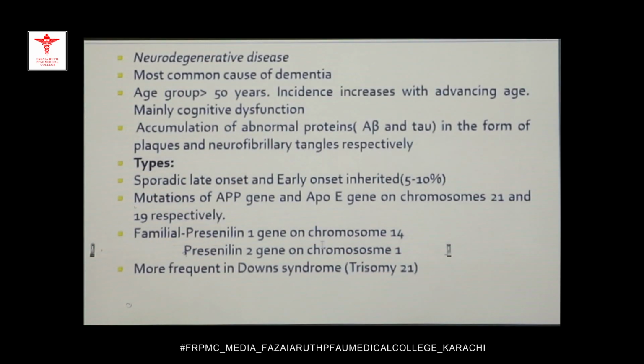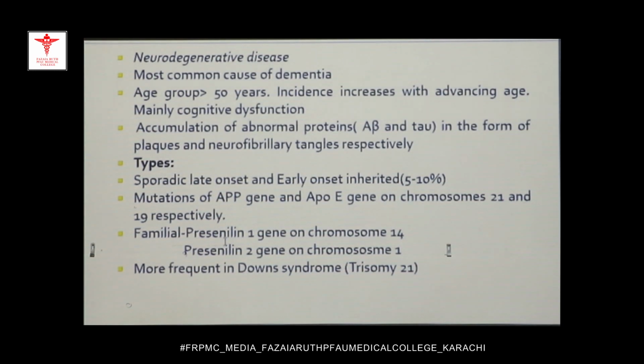There are two types: sporadic, which is more common, and familial, which occurs early, about 5 to 10% of the cases. There is mutation in APP gene. APP is amyloid precursor protein gene, and APOE gene on chromosome 21 and 19 respectively.